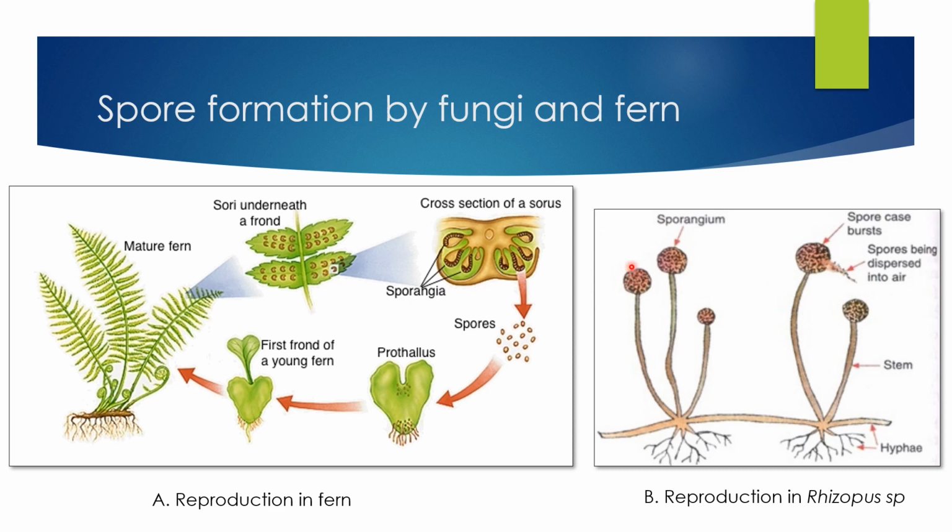In the sporangium, spores are formed, and after maturation they burst out, and these spores are dispersed into the air and again help to generate a new individual, a new Rhizopus. So in that way, both the fungi and ferns reproduce by spore formation.